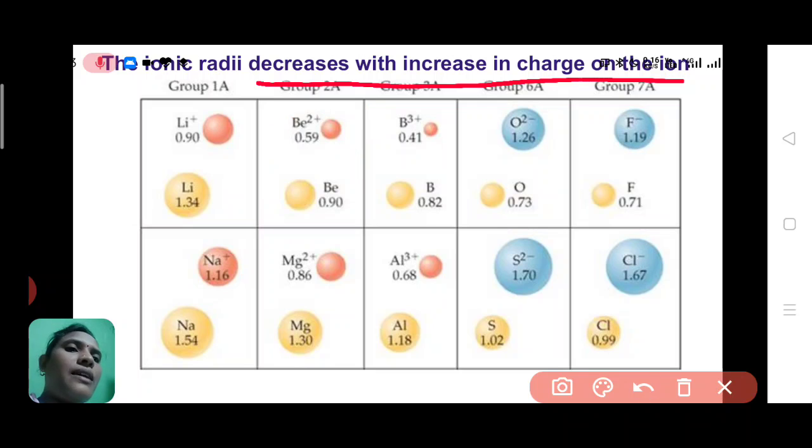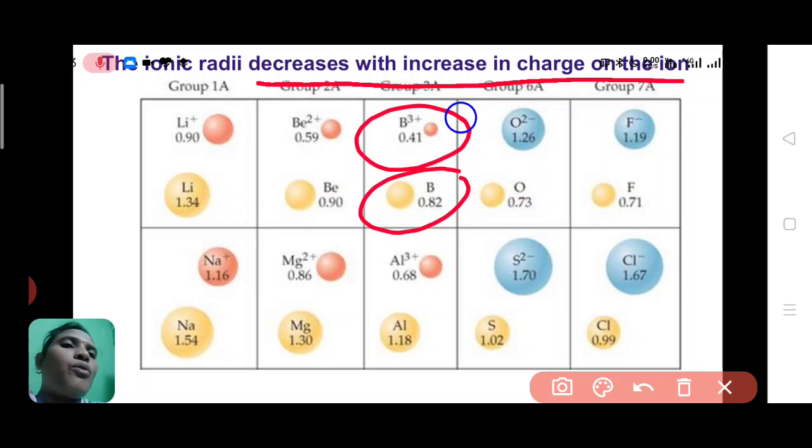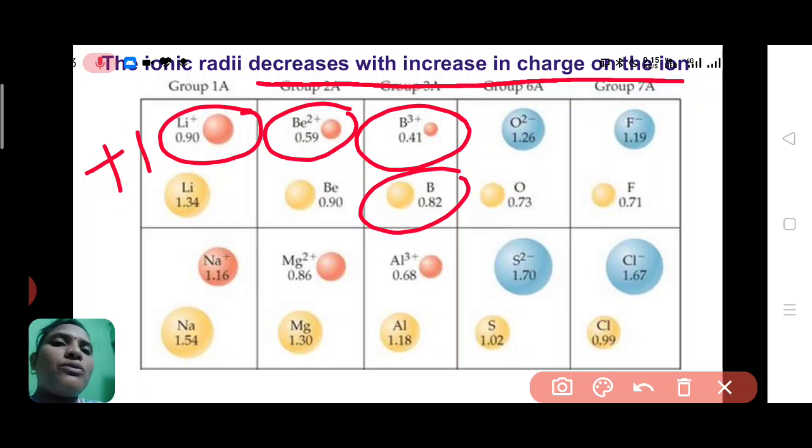Same way, this is the size of the boron atom. Boron can lose 3 electrons, so it has 3 plus charge as B3 plus. The B3 plus cation has a size decreased much more than beryllium and lithium, because lithium has plus 1, beryllium plus 2 and boron plus 3 charge.